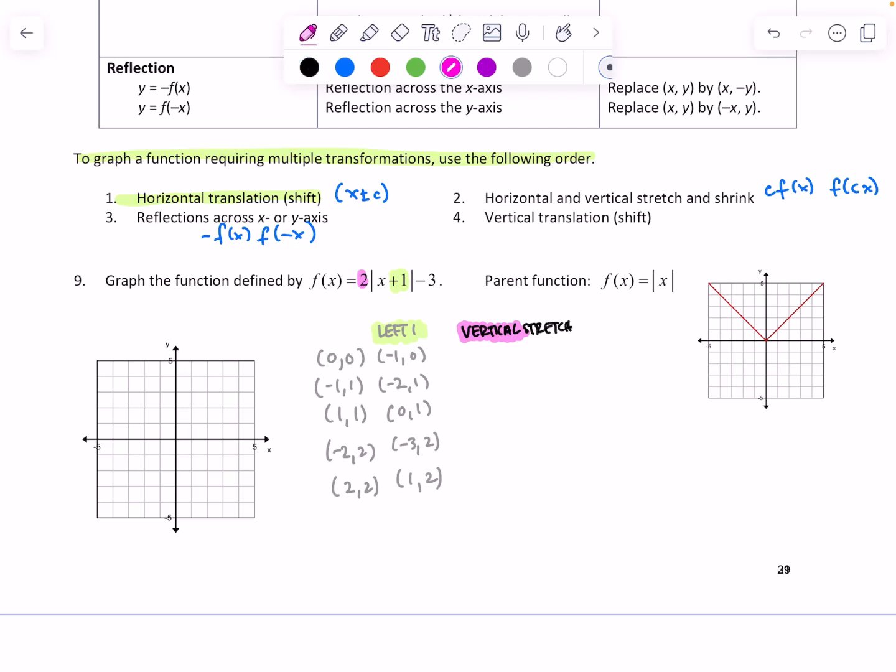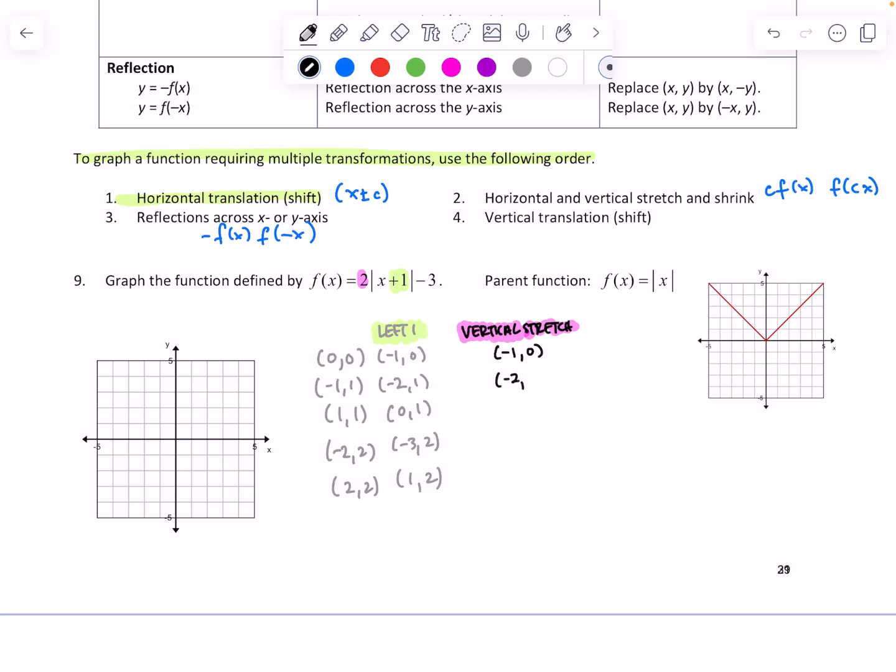We're going to multiply all of our y's by 2. So we started off with these points here. They all turned into the ones listed under the words left 1. Now we're going to change those points to account for the vertical stretch by 2. So now we're going to multiply all of the y coordinates by 2.